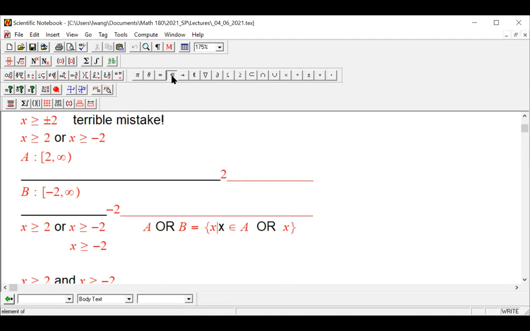You may not think this much when you do this. Okay, did you think this much when you did this? Probably not. But as a teacher, I have to think this much, the implication, because I need to give you an ultimate true or false statement and make that connection.